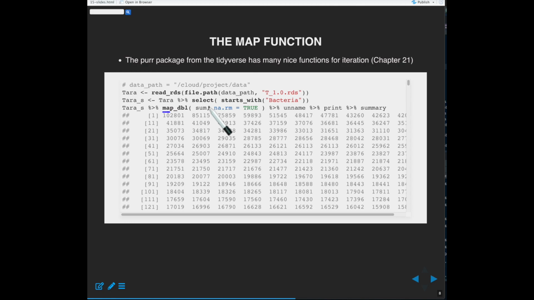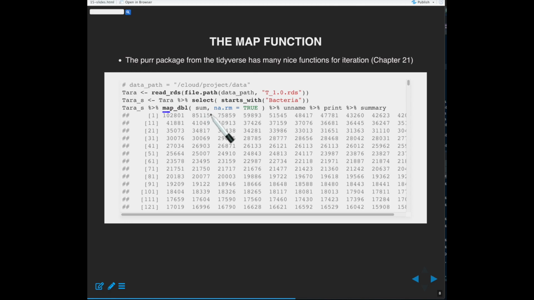When you pipe this tibble into map_dbl, it sums every column, which you've seen different ways of doing now. Here I apply the sum.